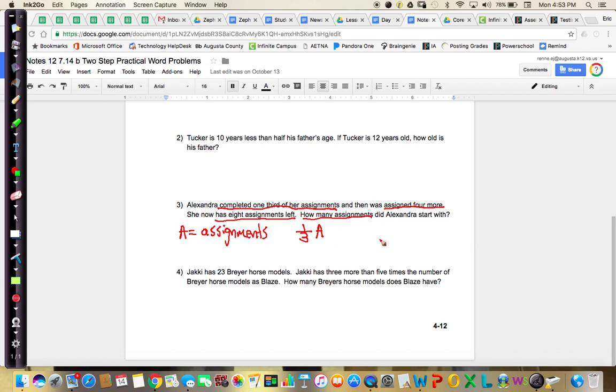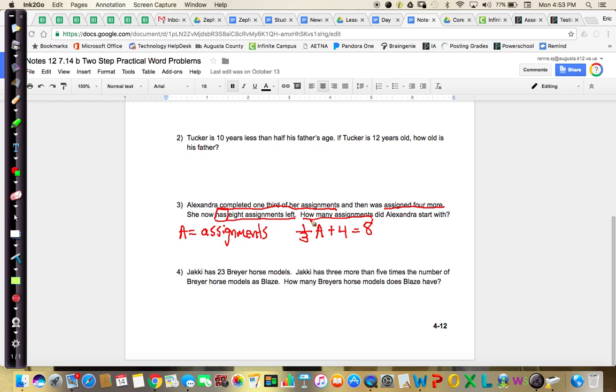Well, it doesn't say more than, so we're not going to switch the order, but we know that more means add, so plus 4. Now, we got to figure out what this equation is going to equal, and it says she now has. So there's our equals word. So equals 8 assignments left. So after she does this, she will have 8 left.